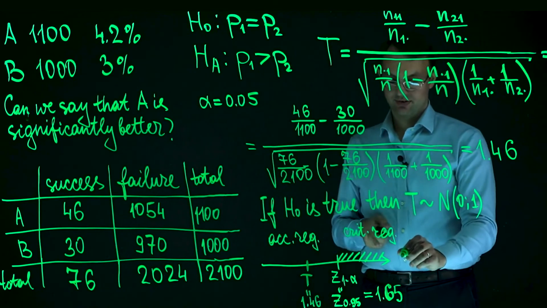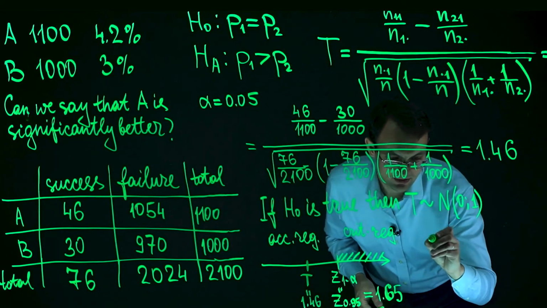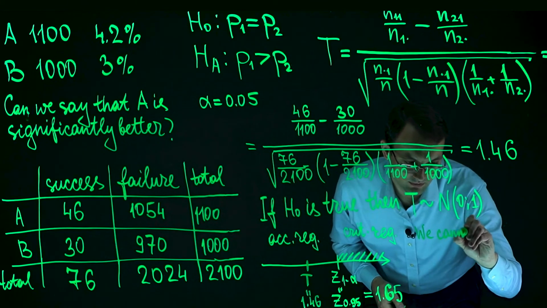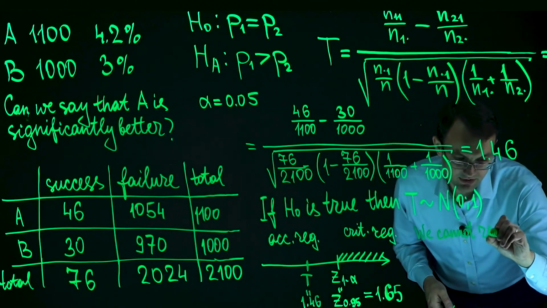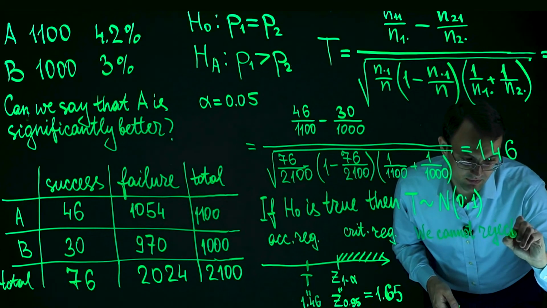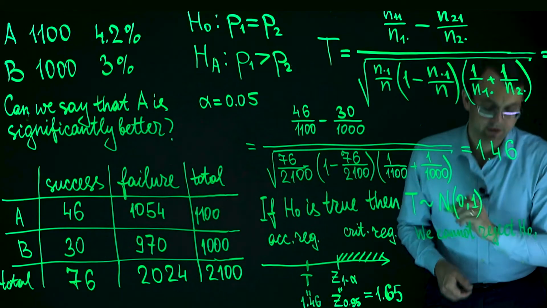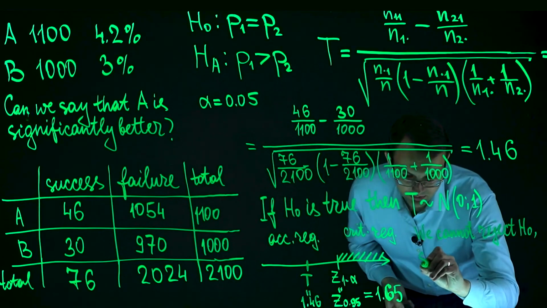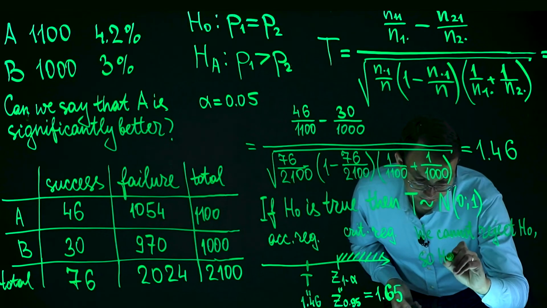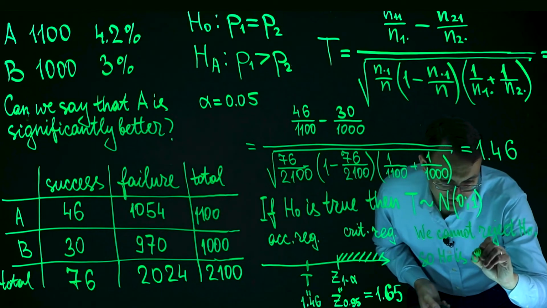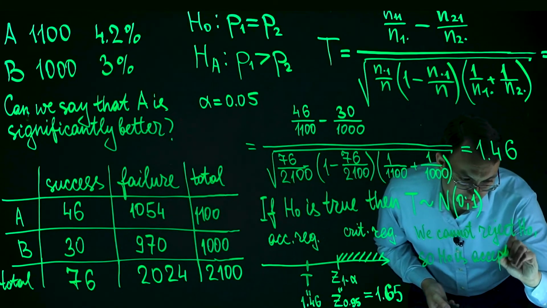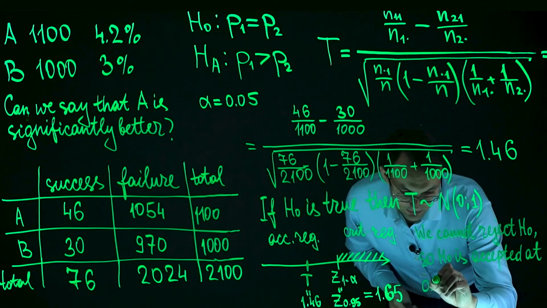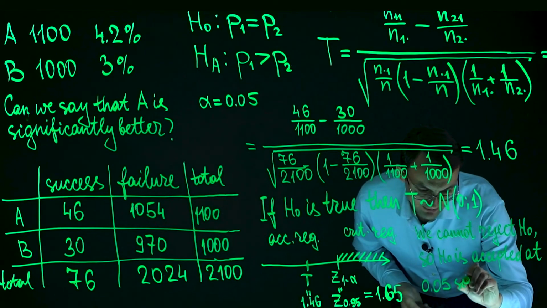So this situation means that we cannot reject the null hypothesis, so it is accepted. H0 is accepted at 0.05 significance level.